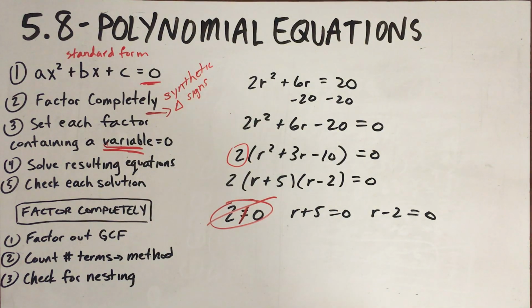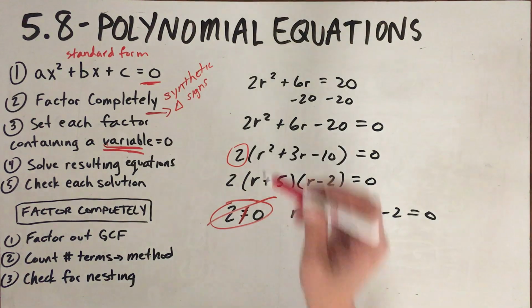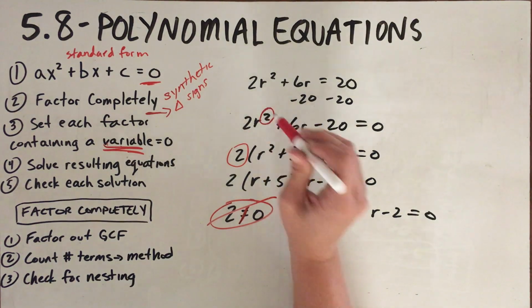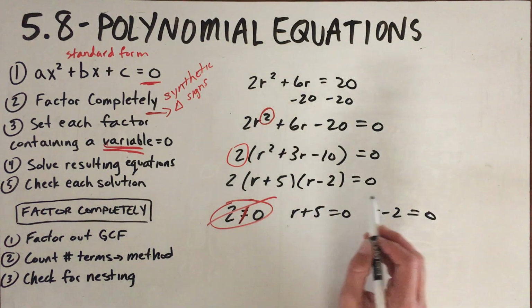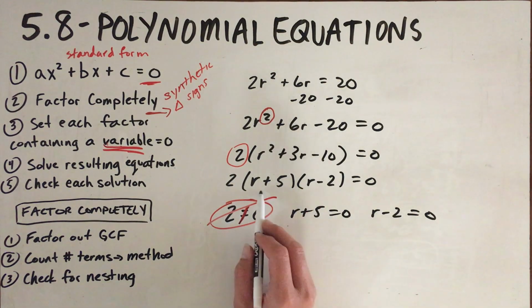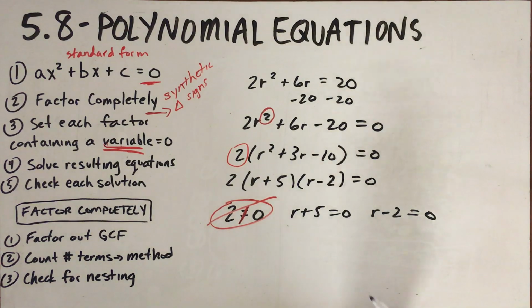Okay, and it makes sense I would end up throwing this out because this has a degree of 2 here, so I should only get 2 solutions. This third solution here isn't a solution, it's just a constant. And the other reason why is I could divide both sides of this equation by 2 and still just end up with r plus 5, r minus 2 is equal to 0.